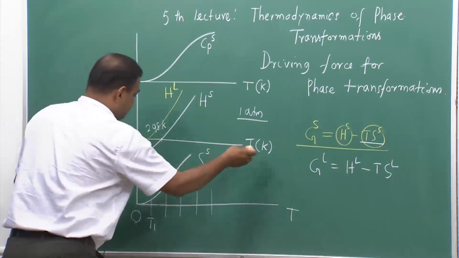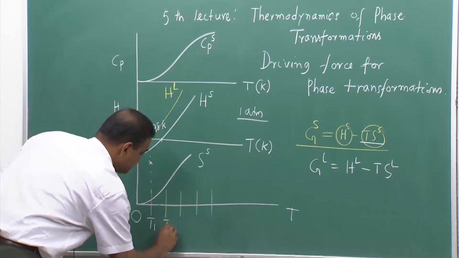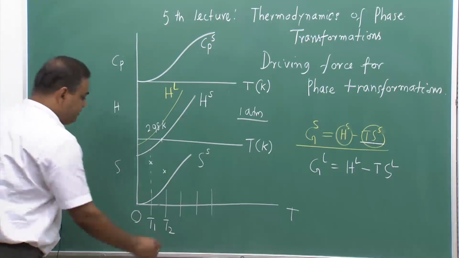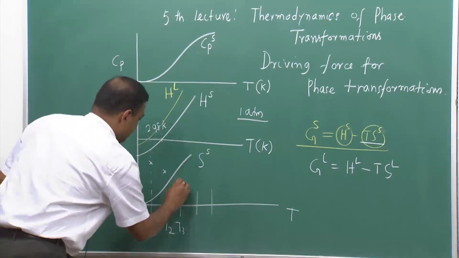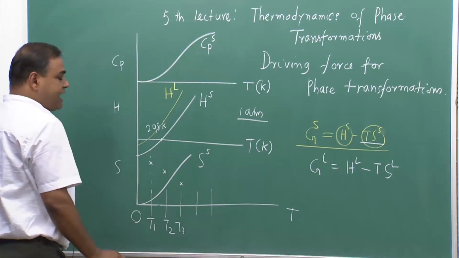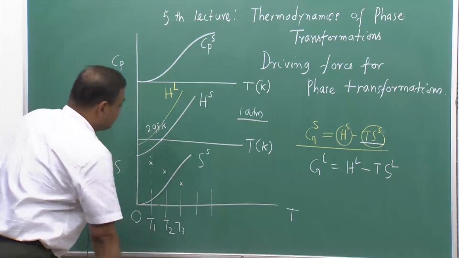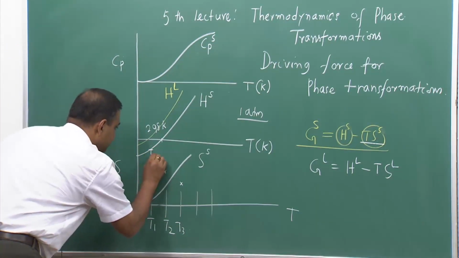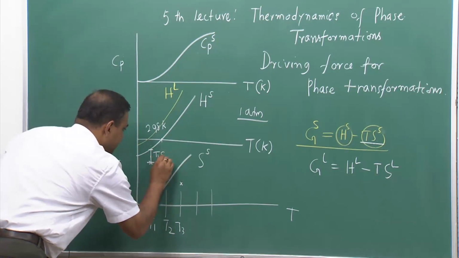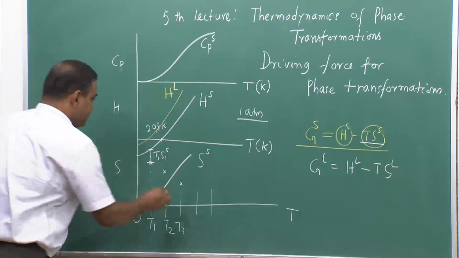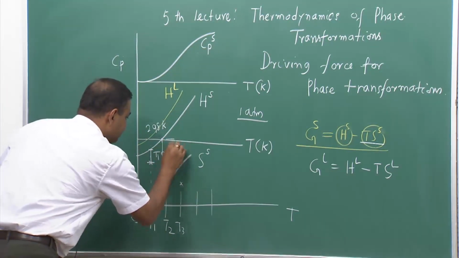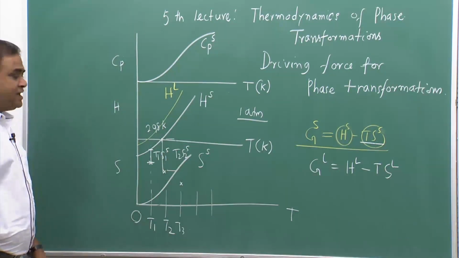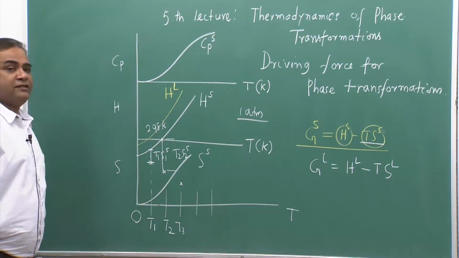Similarly, at little higher temperature which is T2, I can also get another point, then T3 I can get another point. So, like that I will get information where this particular value is nothing but T1 S1 S, this particular value is T2 S2 S. So, gradually it would go like this.